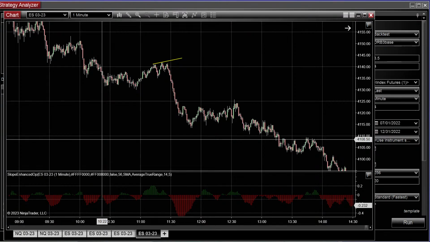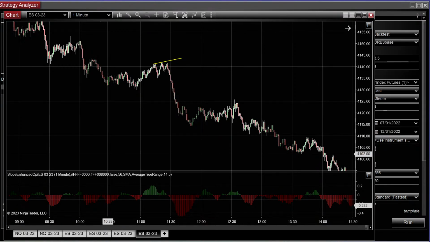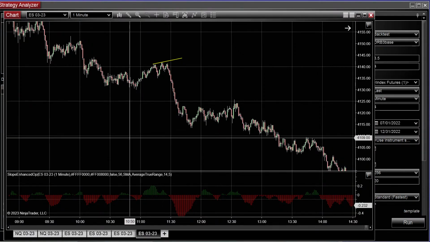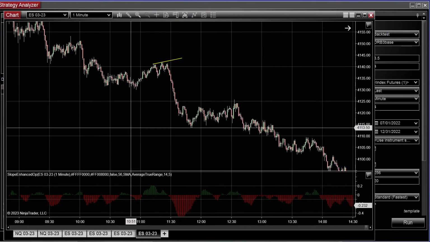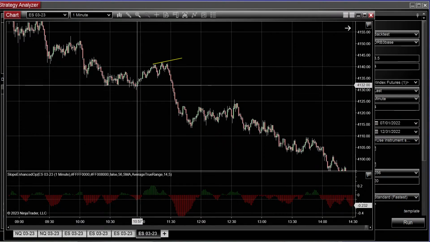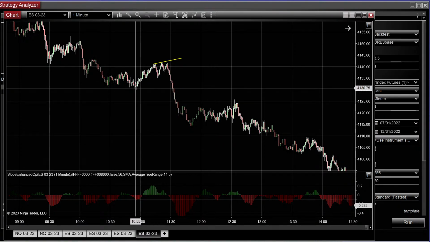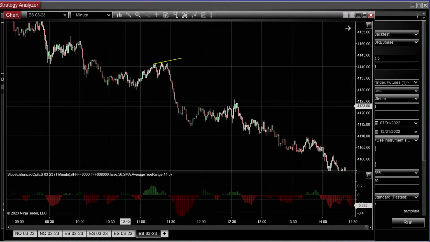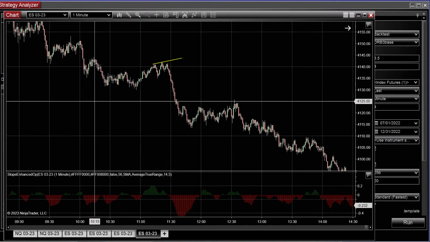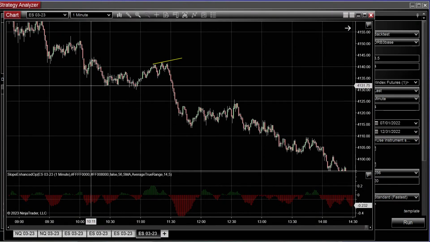So basically, is the slope on the monthly chart up a certain amount? And if it is, take the next opening range breakout. We're going to see if that is a good filter or not.